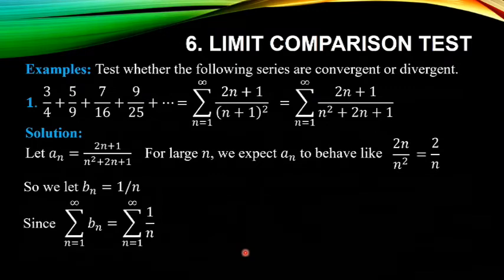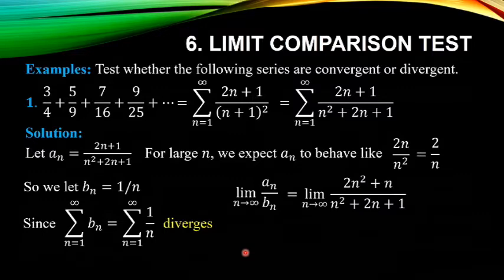Since the summation of b sub n is the summation of 1 over n, which is a divergent harmonic series, the limit of the ratio of a sub n over b sub n is equivalent to the limit of 2n squared plus n, since we multiply n by the denominator, over n squared plus 2n plus 1.